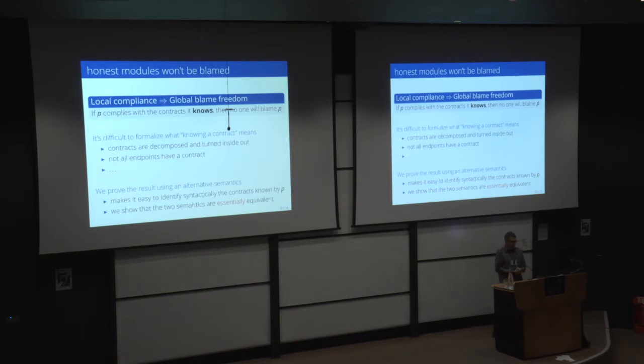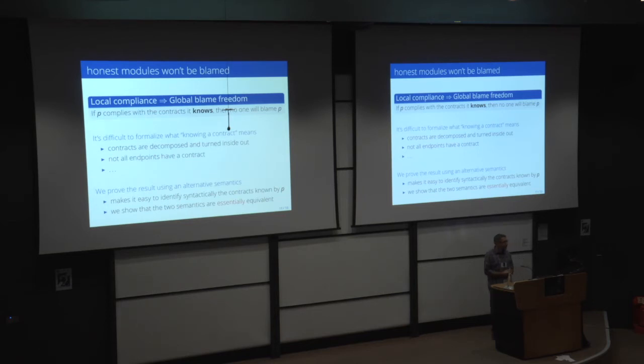is not simple. So in order to prove this result, we defined an alternative monitoring semantics, which makes it easier to identify syntactically, from the structure of the processes, which are the contracts that are known by a particular module P of our system.